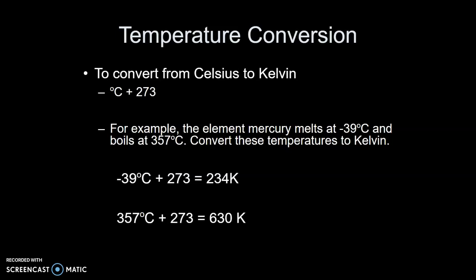Convert these temperatures to Kelvin. You would just add 273. The melting point of mercury, negative 39 plus 273, gives us 234 Kelvin. The boiling point, 357 degrees Celsius plus 273, gives us 630 Kelvin.